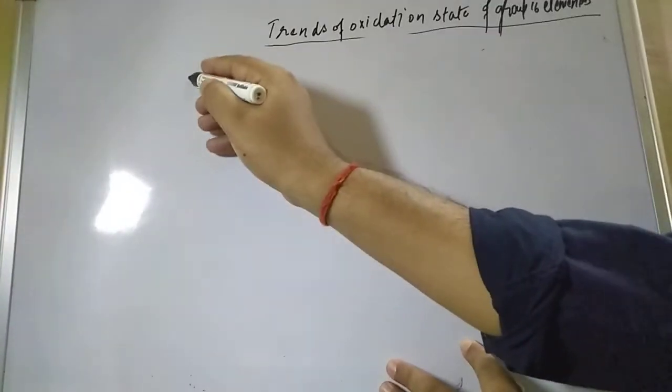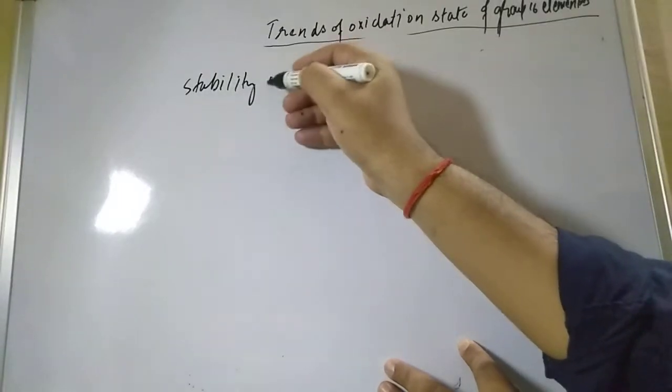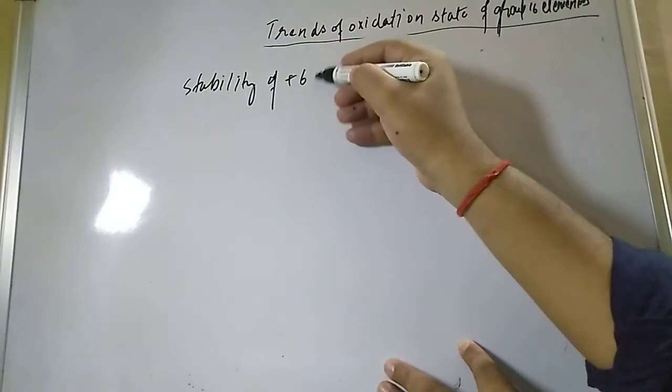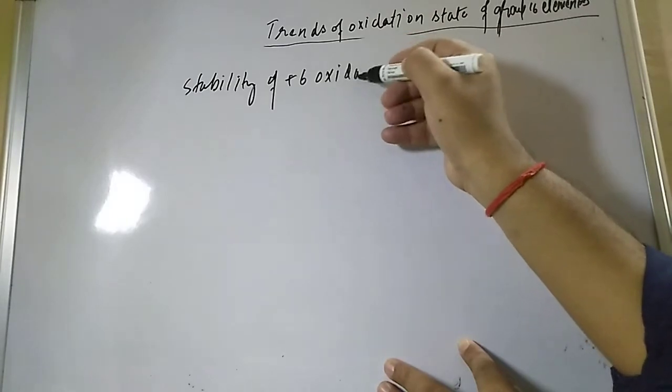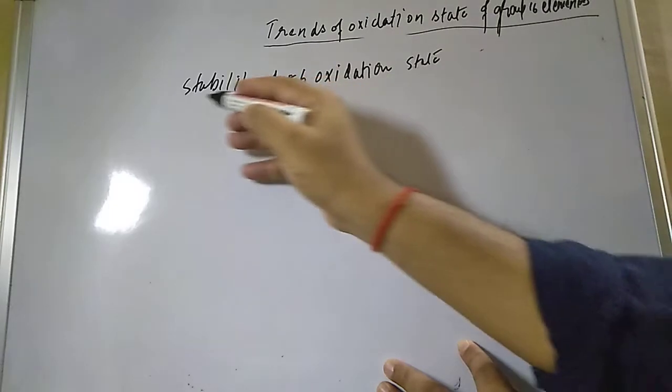So what would be the stability of plus 6 oxidation state?